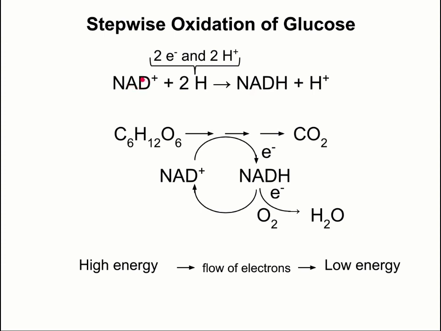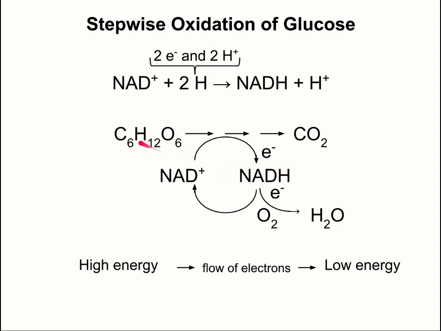NADH is formed when NAD+ binds two electrons. Remember that in biological oxidations, electrons are usually accompanied by protons, which together make a hydrogen atom. So we can write an equation like this: NAD+ plus 2H, which represents two electrons and two protons, yields NADH and H+. So this NADH is carrying two electrons.